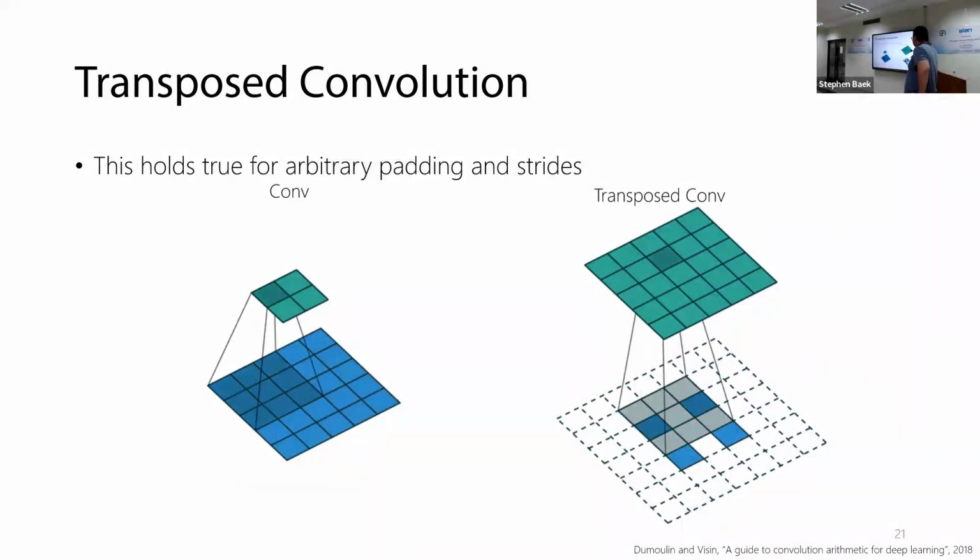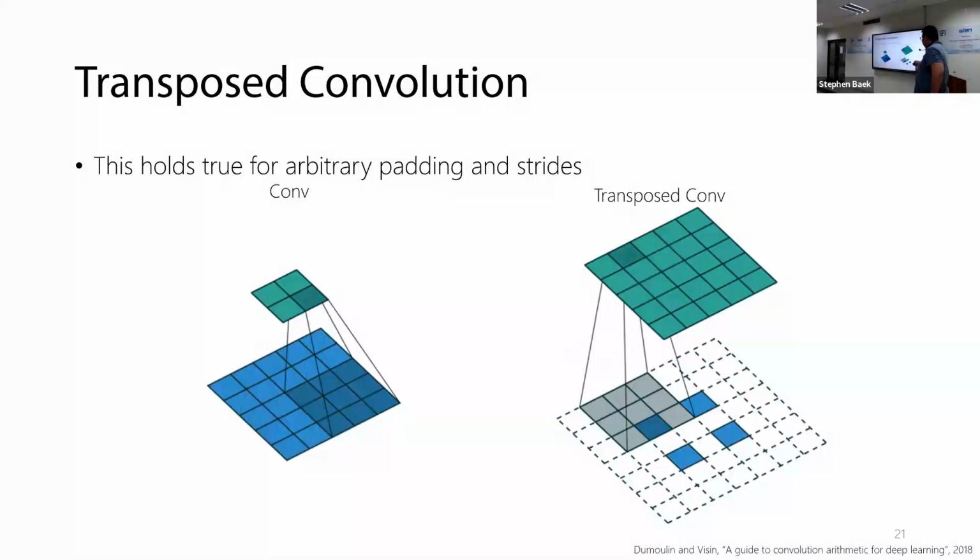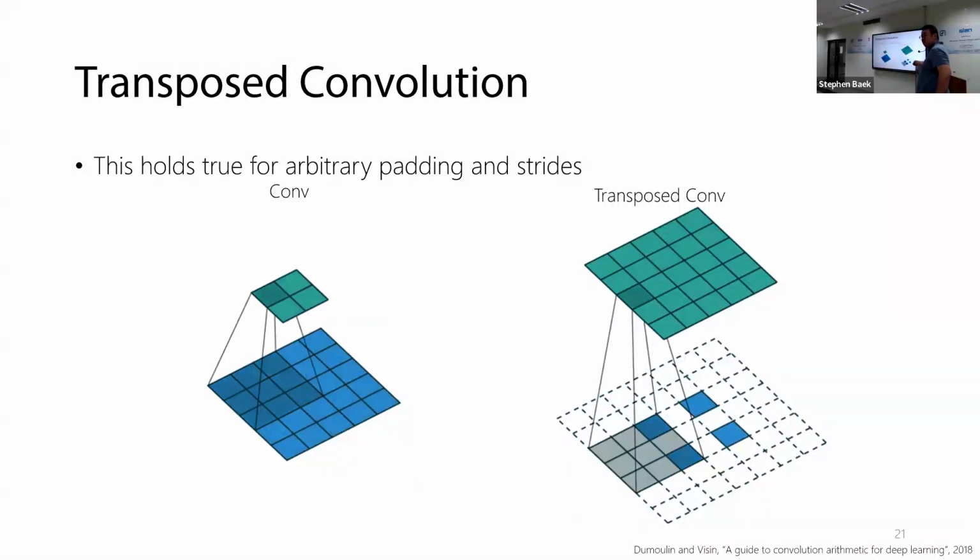I'm not going to go into the details, but roughly speaking, when you have a stride of more than 1 pixel, so the 3 by 3 kernel moves by 2 pixels as opposed to 1 pixel like in the previous case, the reverse process is equivalent to applying 3 by 3 convolution with some artificially padded pixels in the middle, filled with zeros, and then applying convolution as usual.